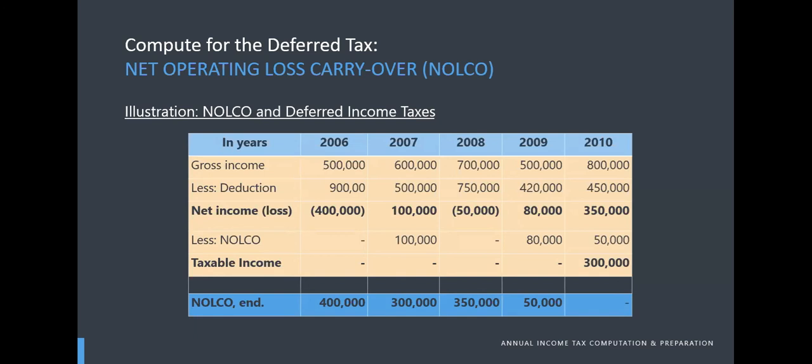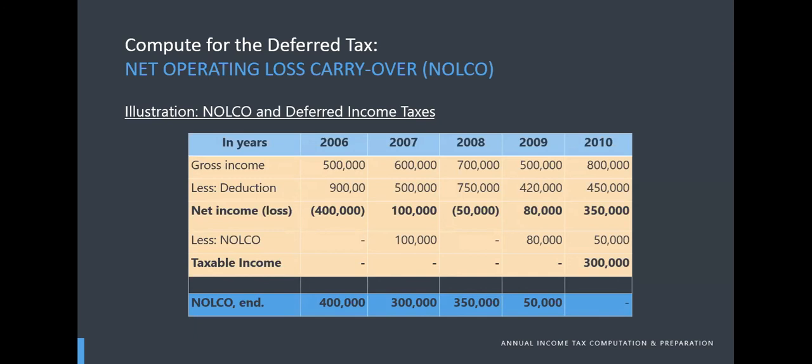However, since some of the NOLCO credits came from 2006, so 2007, 2008, 2009, it already ran the 3 years carryover for the NOLCO.